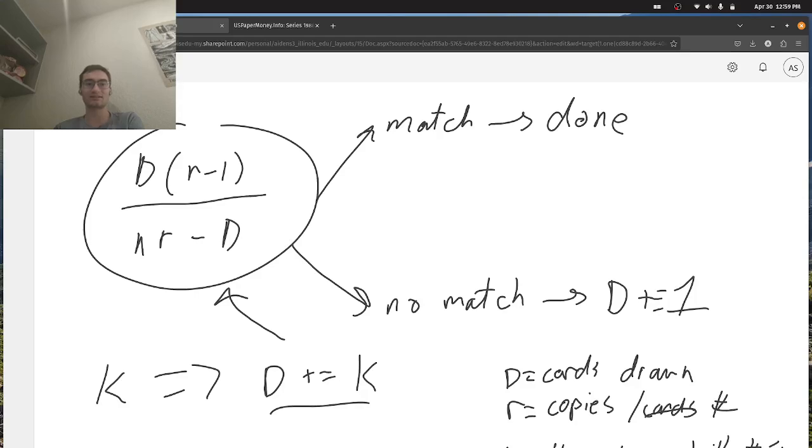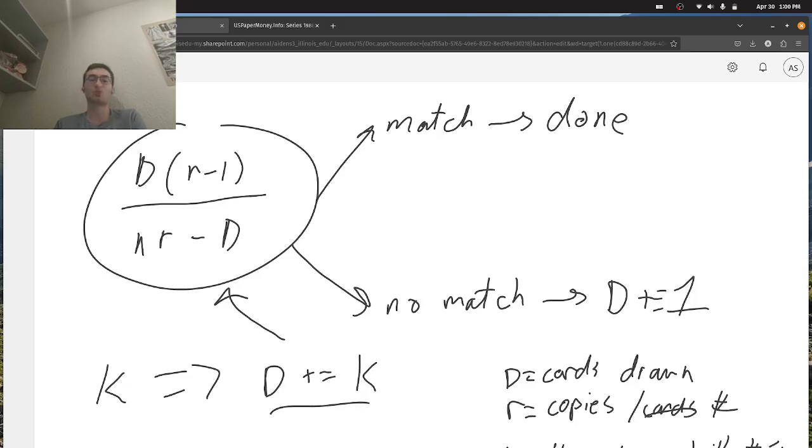Because the number of cards drawn times R is the total number of cards with the serial numbers that you own, but it's R minus 1 because, since you've already drawn one, it's outside of the deck and you can't draw it again. And N times R minus D is the total number of bill serial numbers times the number of copies per bill, minus the amount of cards already drawn.